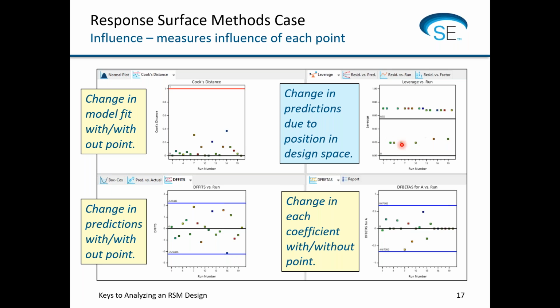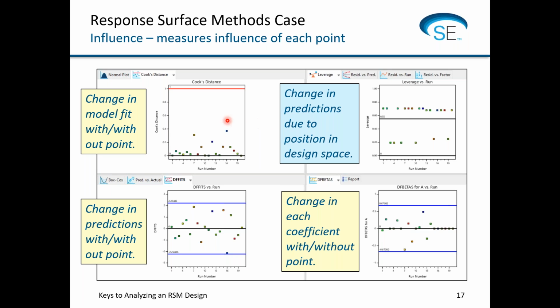Then all the other factorial points and axial points have pretty much the same amount of influence because they are the same distance away from the center, so they will have equivalent influence on the predictions.